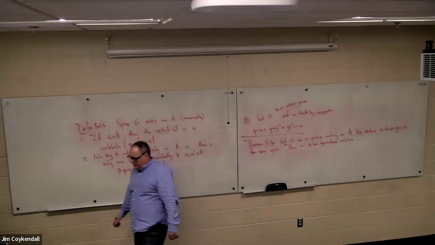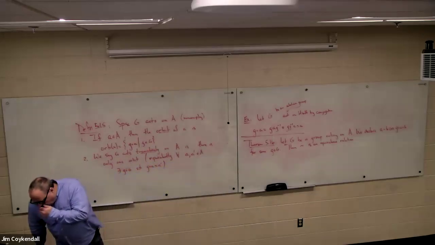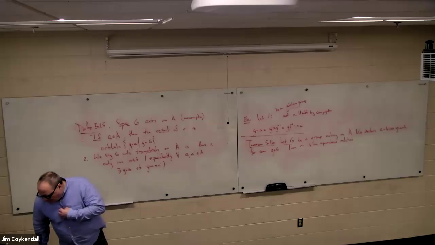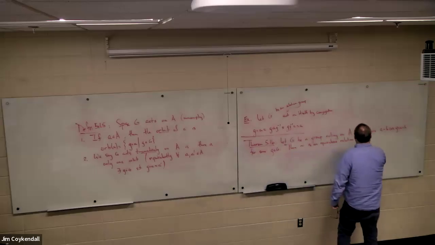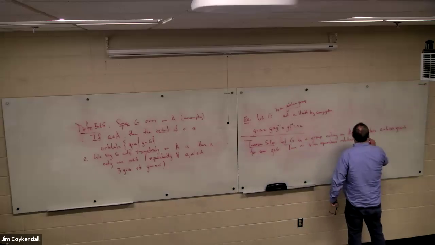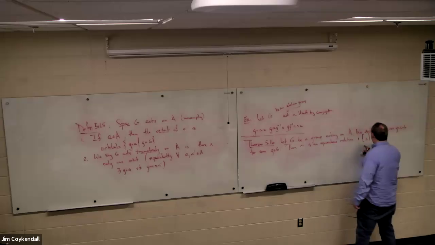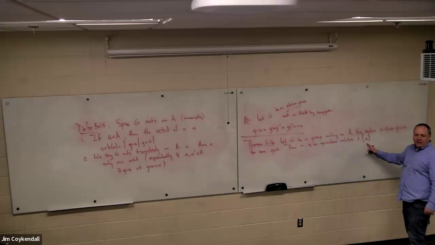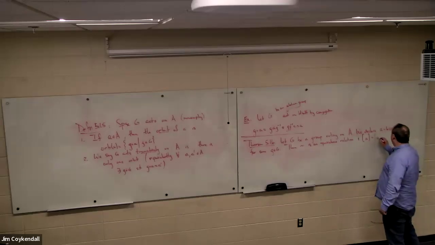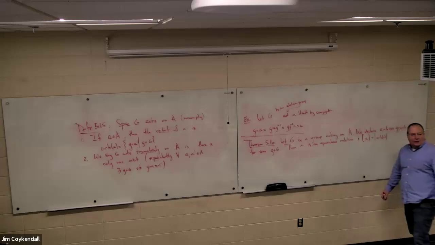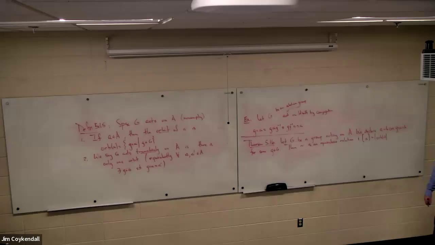And I get this other really cool result: if you have an a in the set, the number of elements in the equivalence class of a is the same thing as the cardinality of the orbit of a.